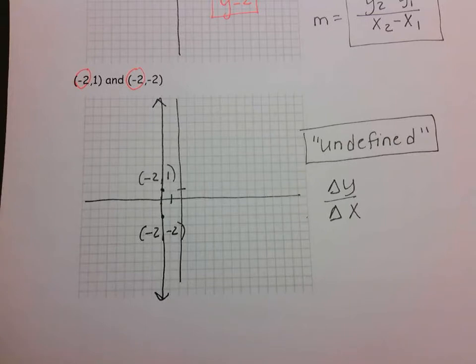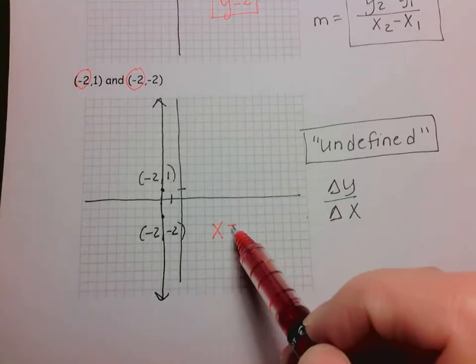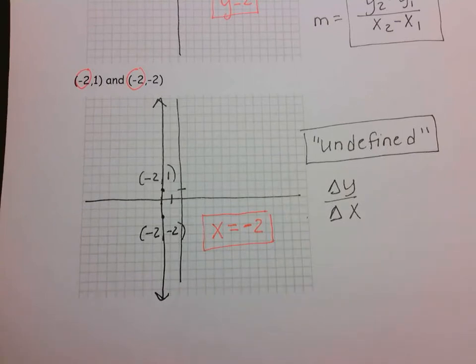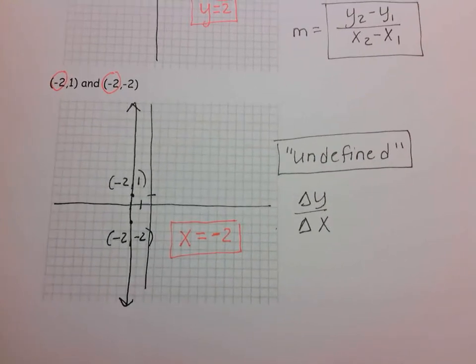What is the equation of this line? The equation of this line is x equals -2. Well, what does that mean? It means for all values of y, x is -2. So again, let me prove it to you mathematically.